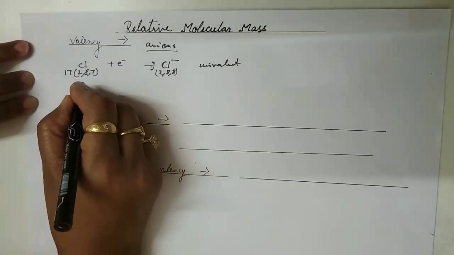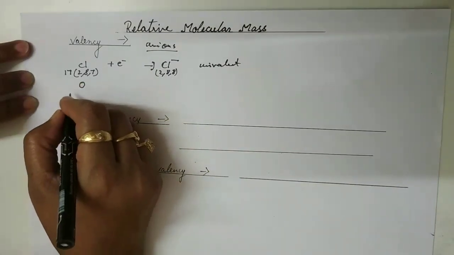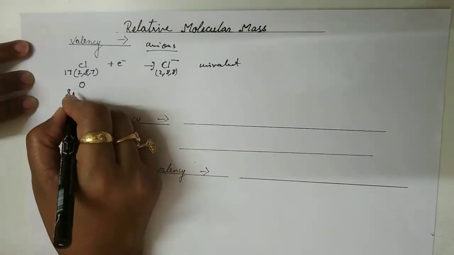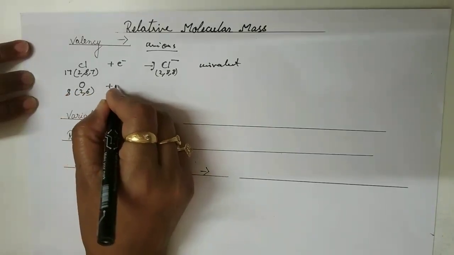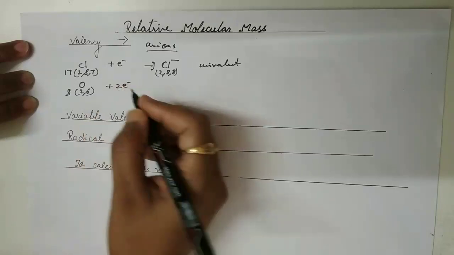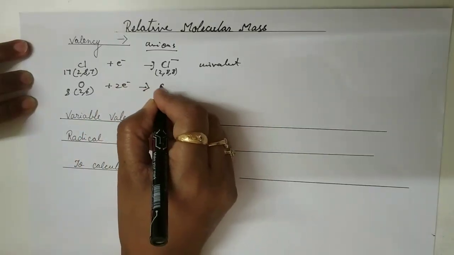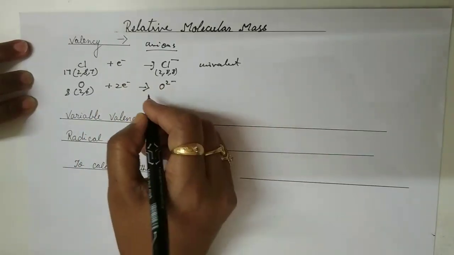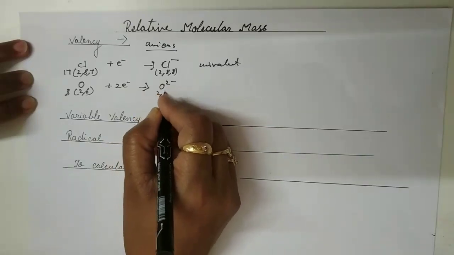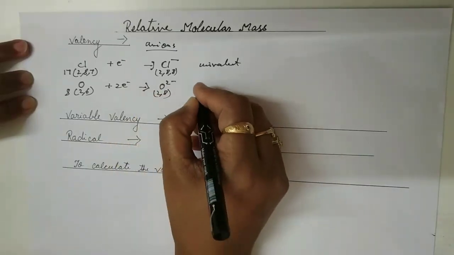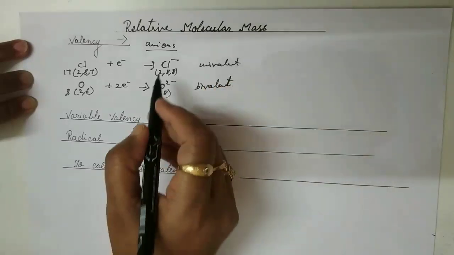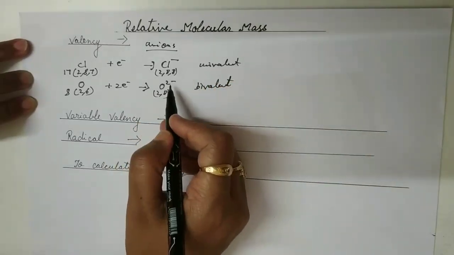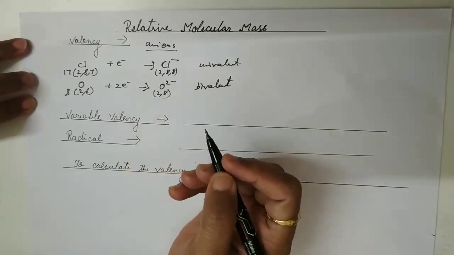If you say oxygen, atomic number 8, electronic configuration 2, 6, it will need 2 electrons to give you O2-, and the number of electrons are this. This becomes bivalent. So valency 1, valency 2.